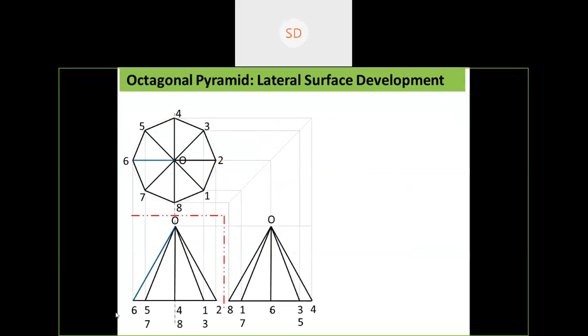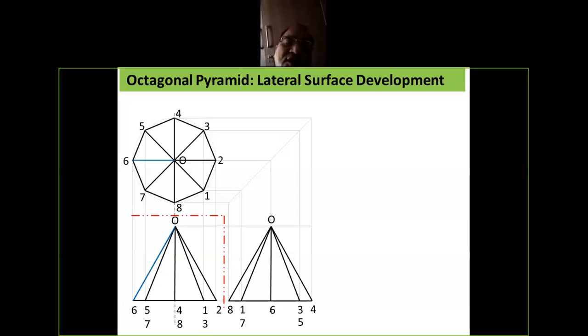The pyramid has 8 sides, and we can draw the top view of the octagonal pyramid by the general methods.